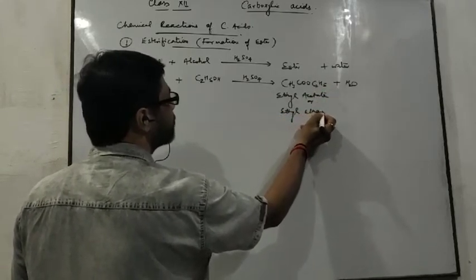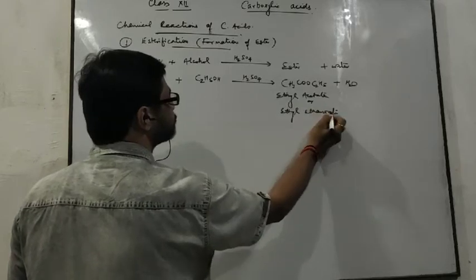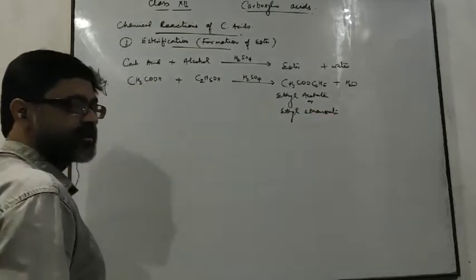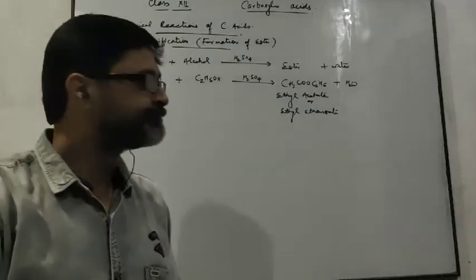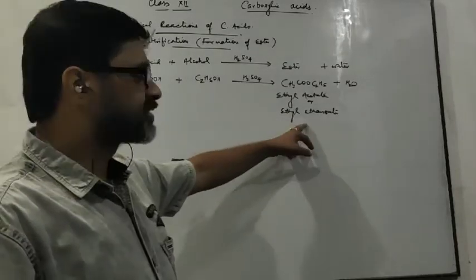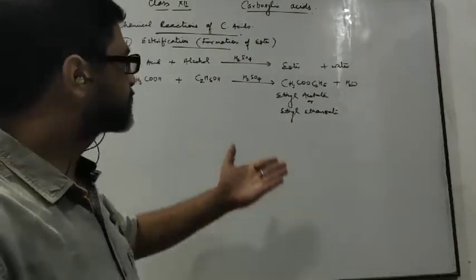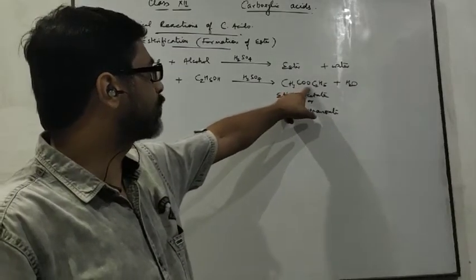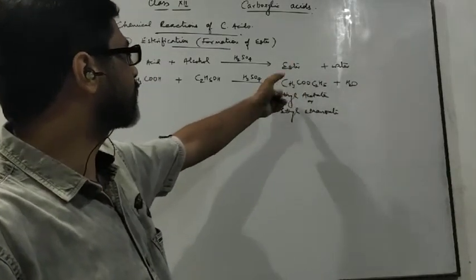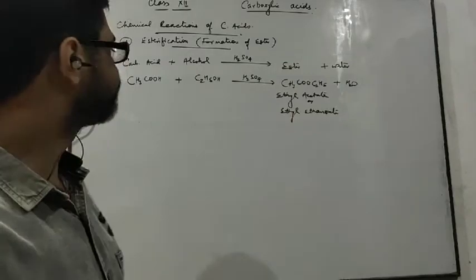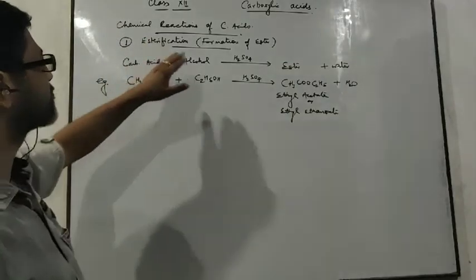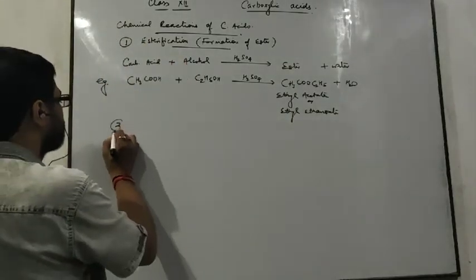This is a type of ester. You know that in class 10th you have already read that esters have a fruity smell. This is also an ester because COO contains two alkyl groups. This is called esterification.